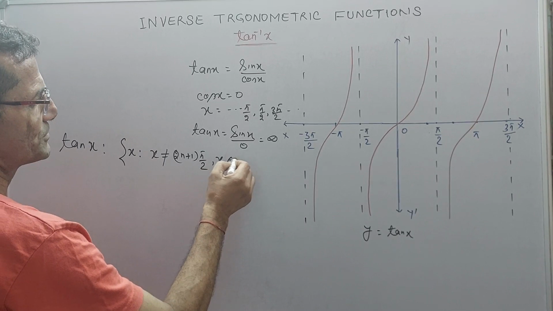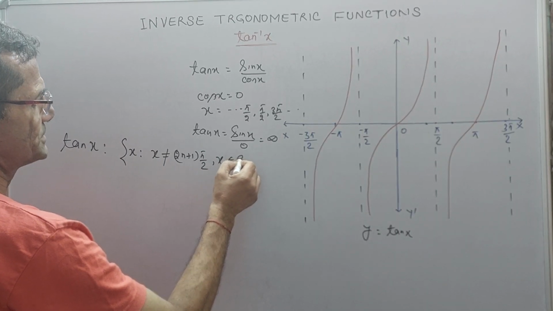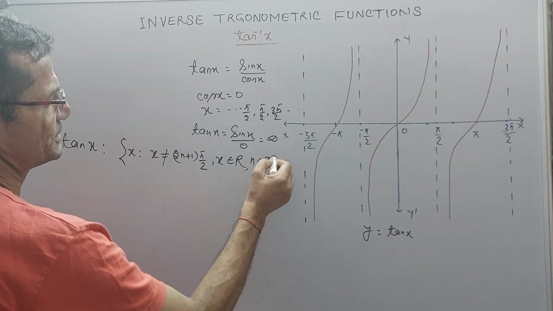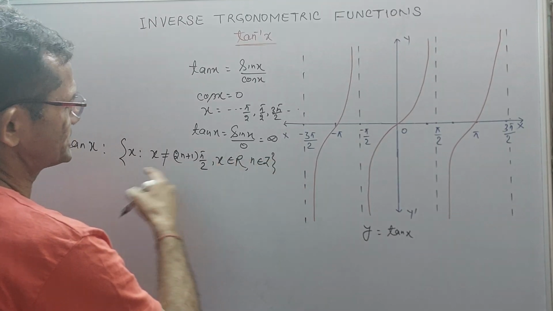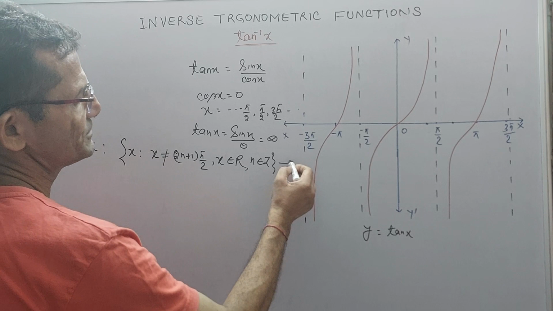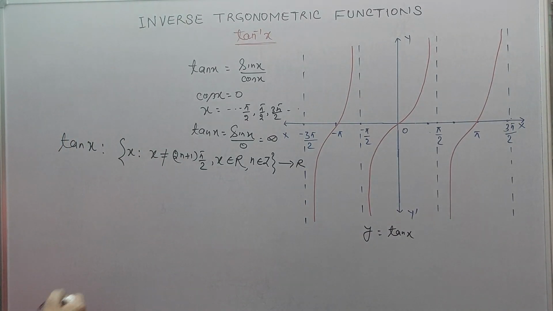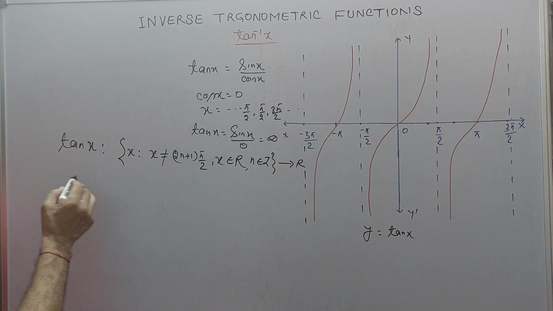Here x belongs to the set of real numbers, and n belongs to the set of integers, and this is the domain part. Its range will be the set of real numbers. So this is the domain of the tan function.